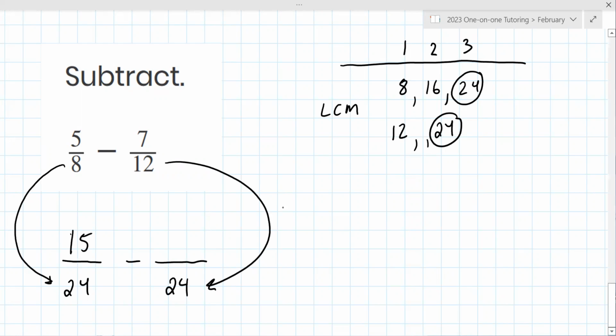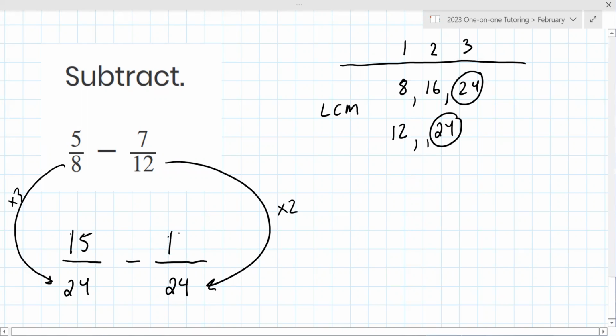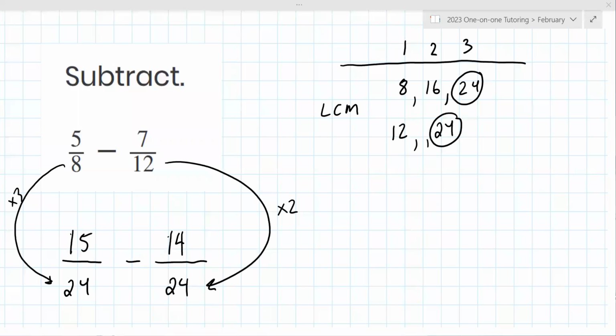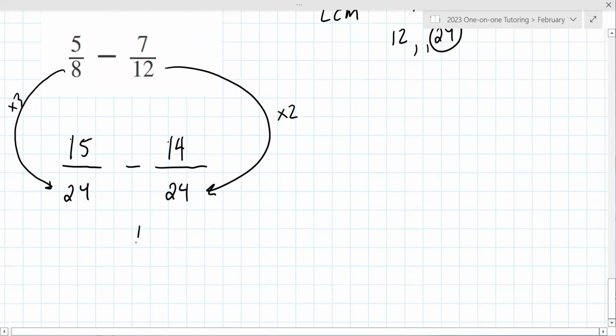Okay. So now what do you multiply the 7 by? 2. Yes. So that's 14. What is the result of this? 1 over 24. Very good.